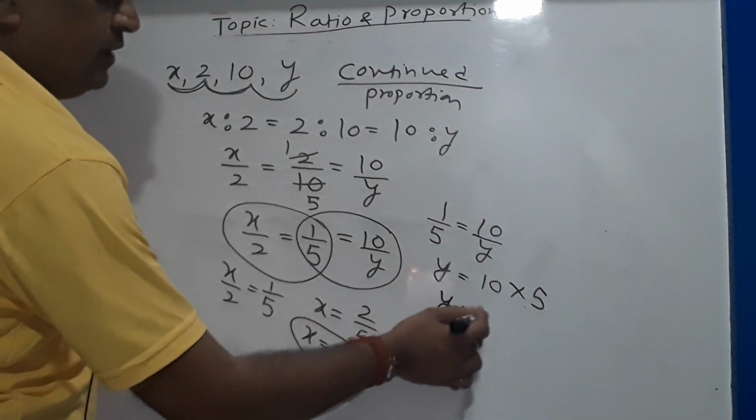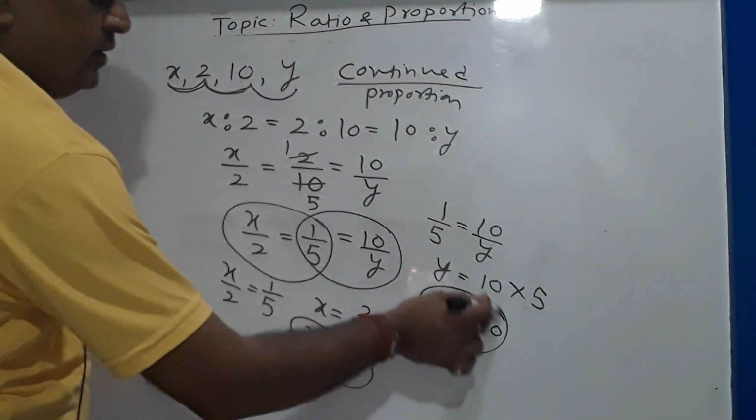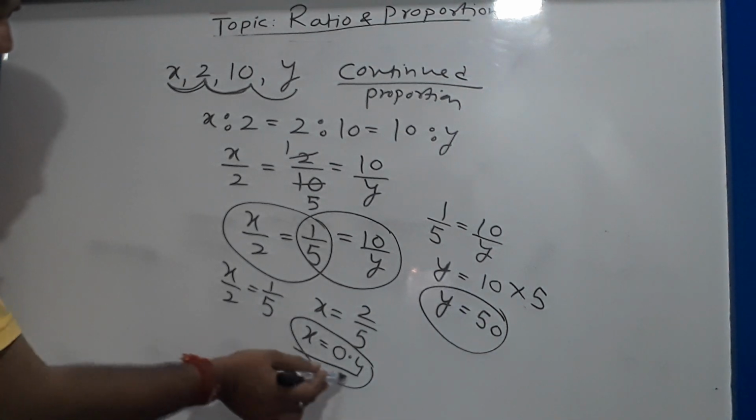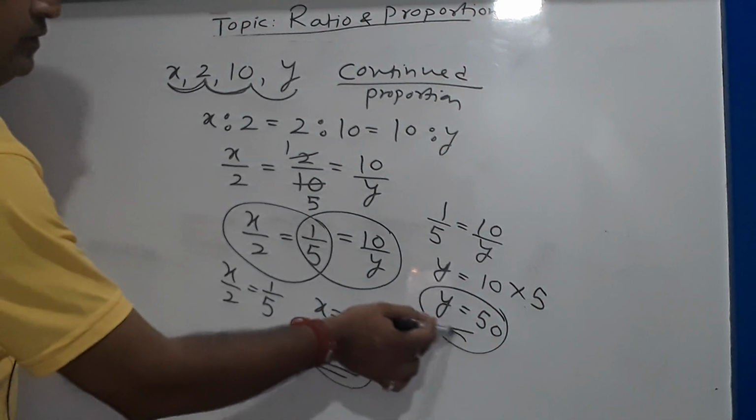So y is equal to 5 tens, which are 50. So the x value is 0.4 and the y value is 50.